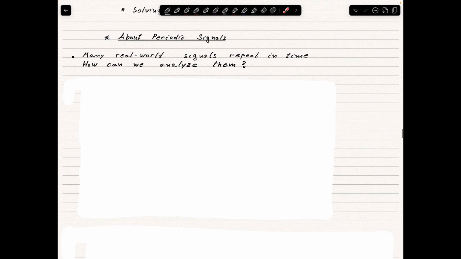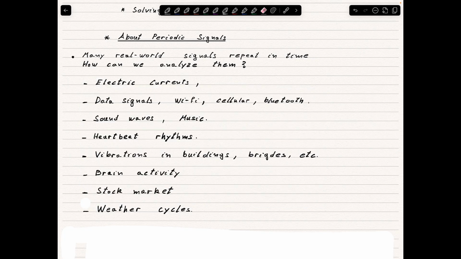Examples of periodic signals: anything related to electric currents, alternating electric currents, for example; data signals involving Wi-Fi, cellular or Bluetooth; sound waves, for example music; a heartbeat, or rhythms inside the body; vibrations in buildings, bridges or any constructions; brain activity.